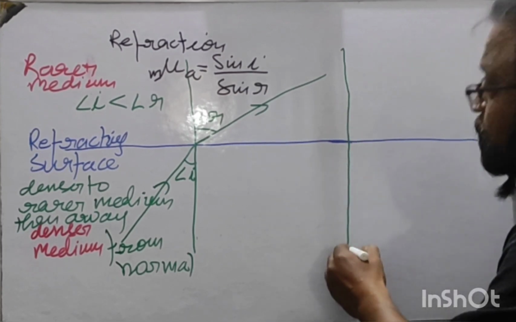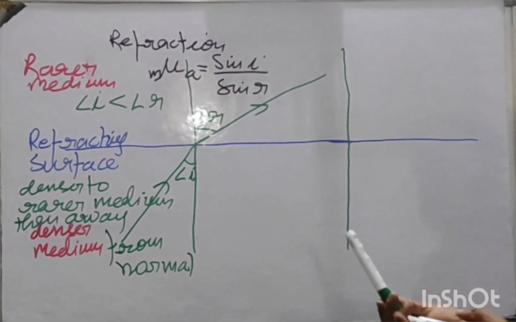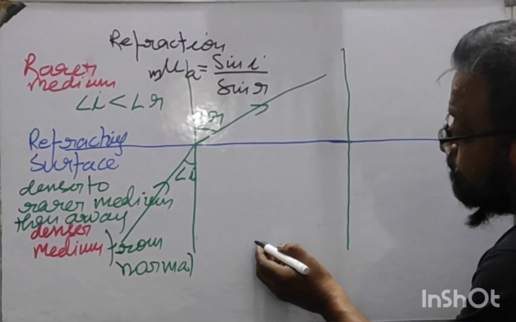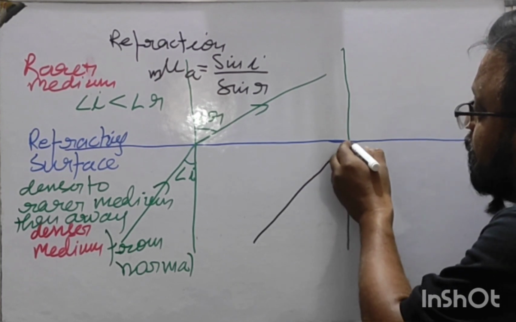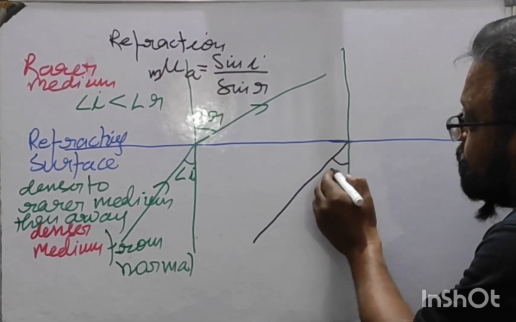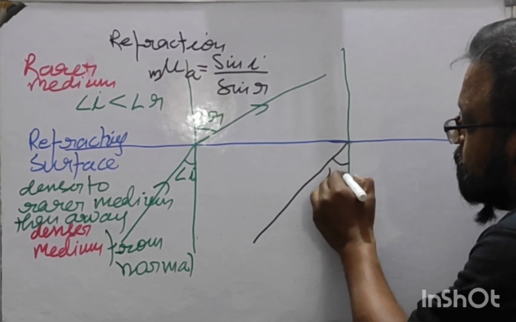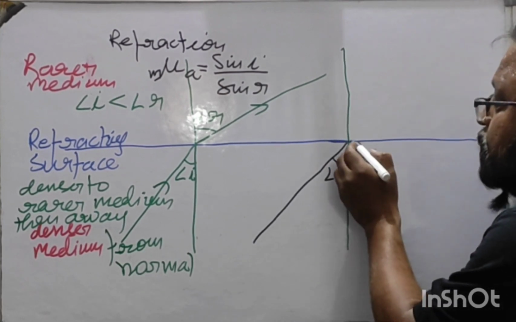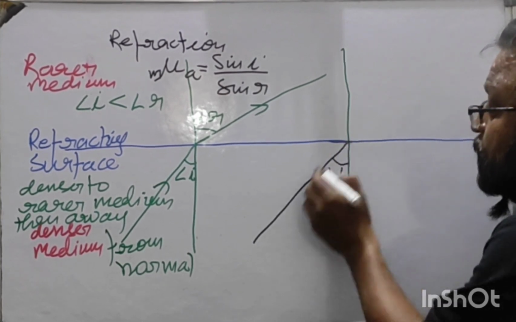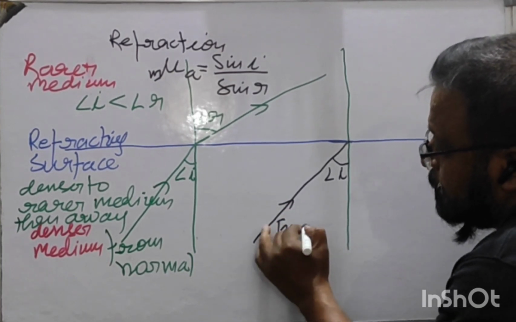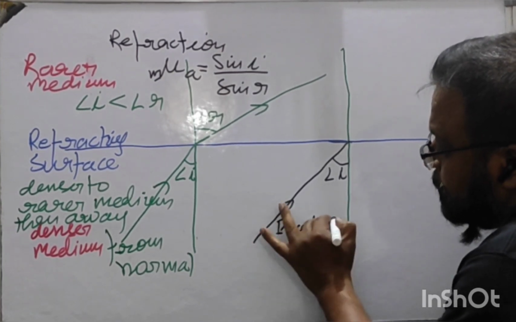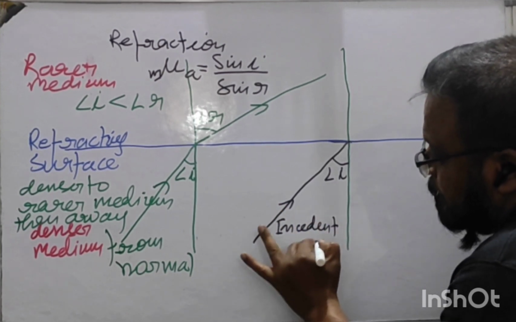And if angle of incidence is like that, this is the incident ray, right?